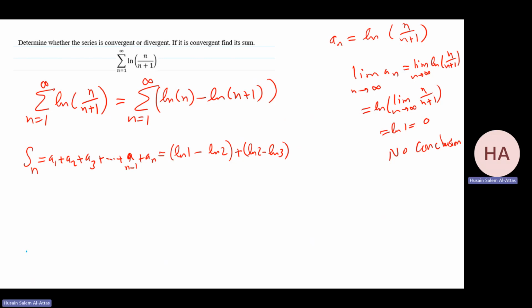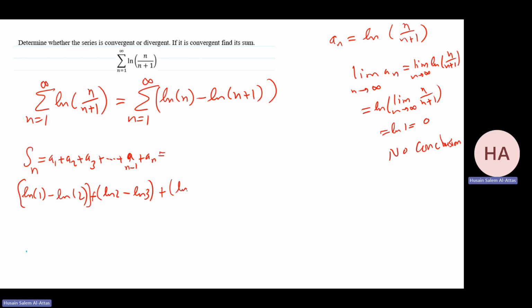Let me do it in the second line. That will be ln 1 minus ln 2, plus ln 2 minus ln 3, plus ln 3 minus ln 4, plus ln of n minus 1 minus ln n, plus ln n minus ln of n plus 1.